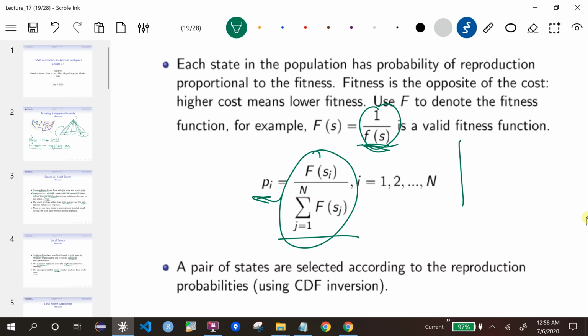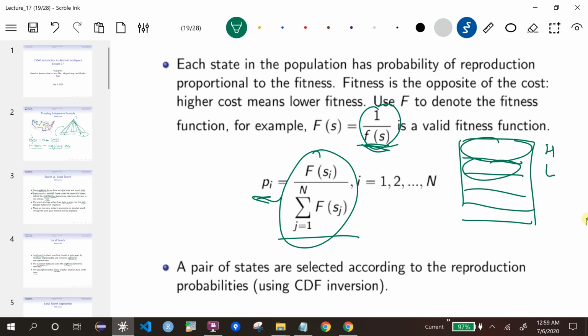So what we're going to do here is we have a lot of instances. In the Flappy Bird example, we have lots of birds, and some of the birds are really good, so they're the high fitness ones, and some of them are not so good, so they die at the beginning maybe, the low fitness ones. Then we use this probability to randomly pick two.